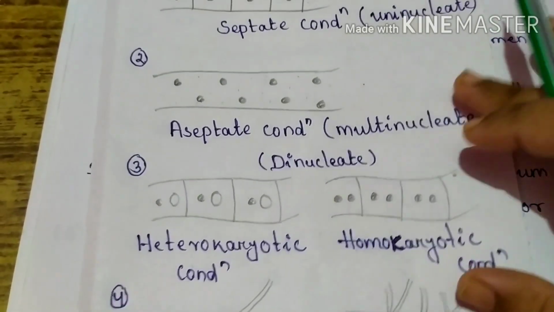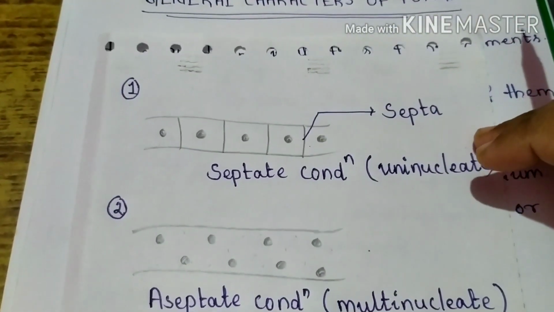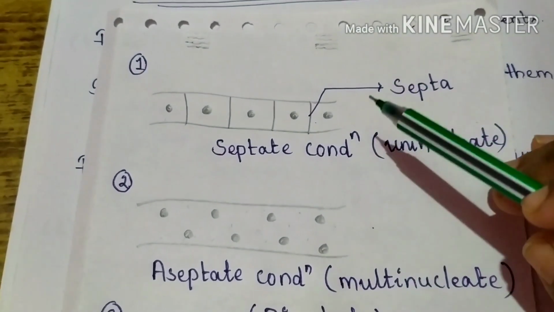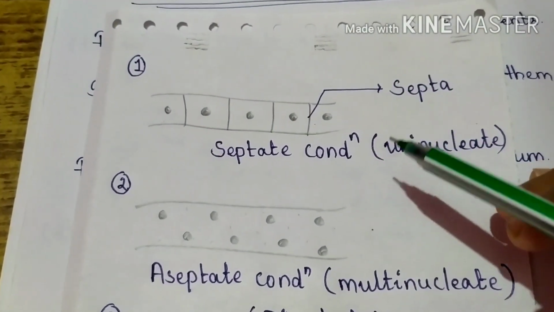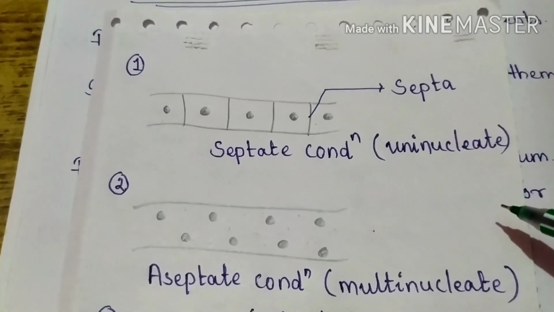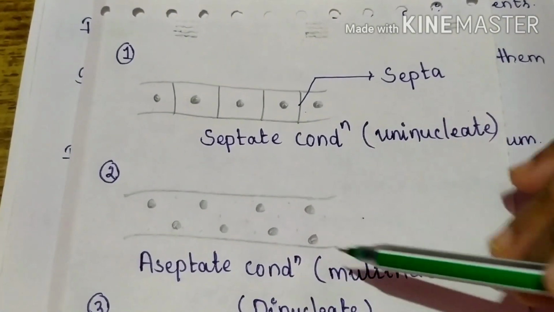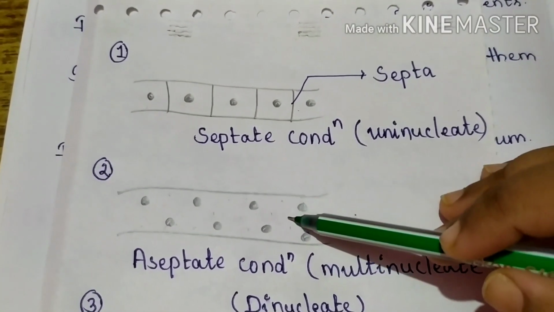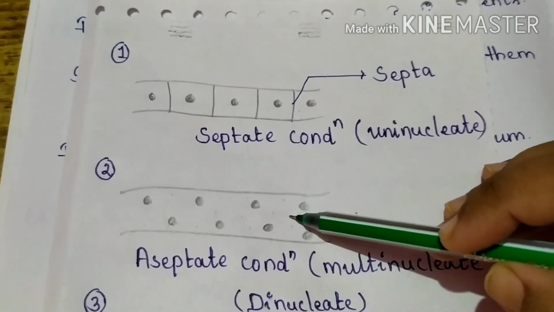Then you may ask what is septate or aseptate condition. Let's discuss. Septate condition means the hyphal cells are separated by a particular wall known as septa. But in aseptate condition, the septa or the wall is absent in the hyphae.